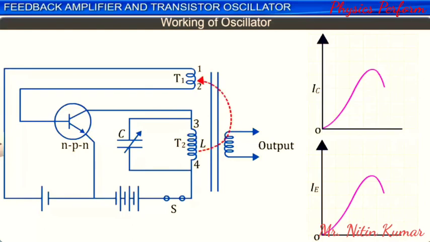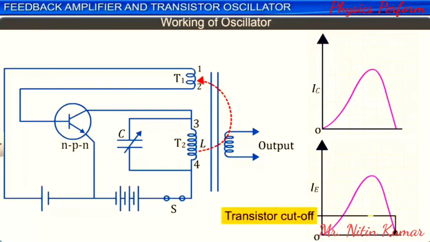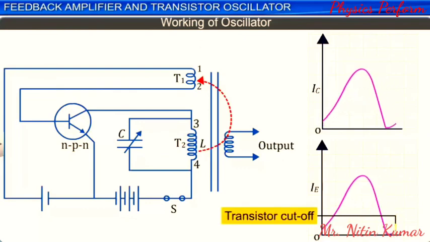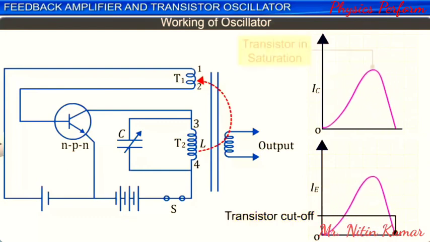The negative feedback further decreases the emitter current and the collector current till both become 0. At this stage, the transistor is back to the cutoff state. From the cutoff state, the transistor moves to saturation state and back. The cycle continues, giving rise to an AC output.